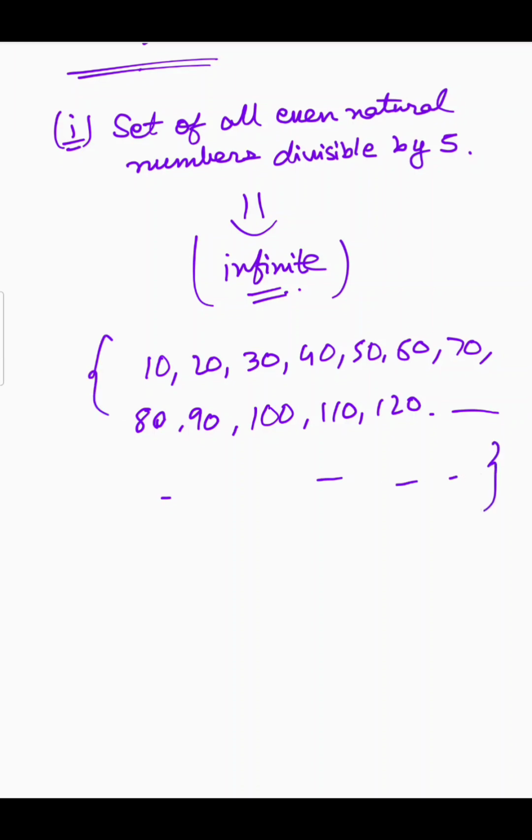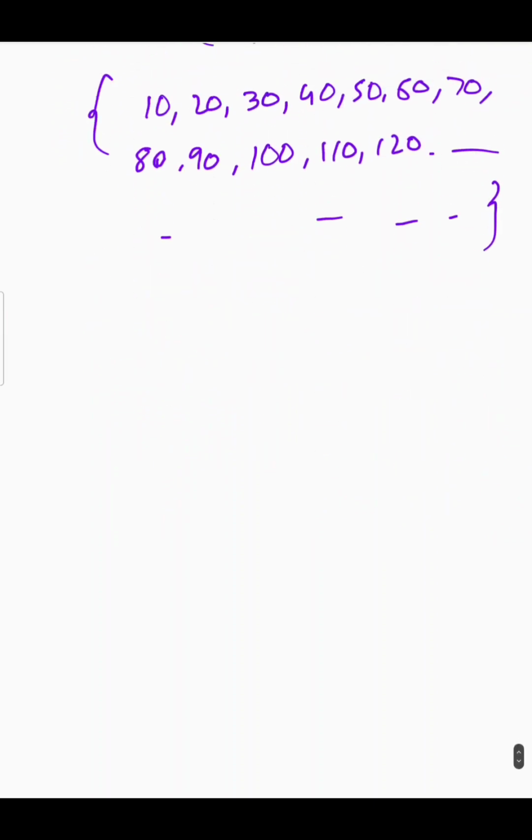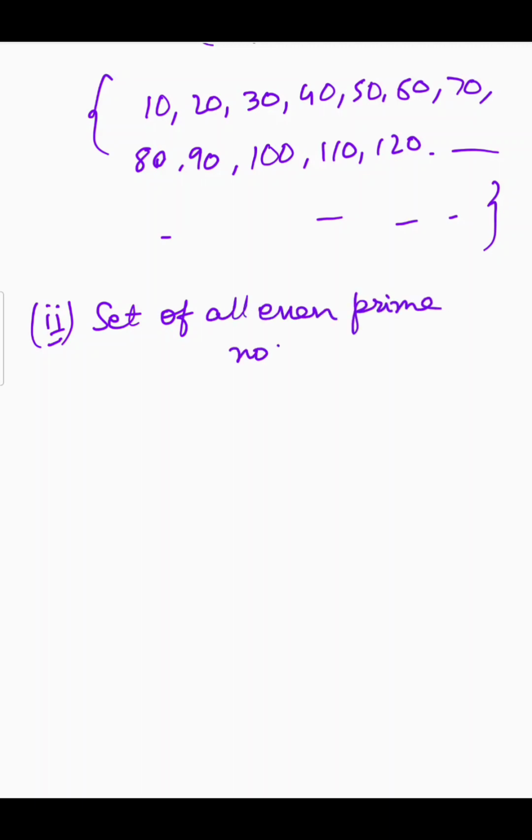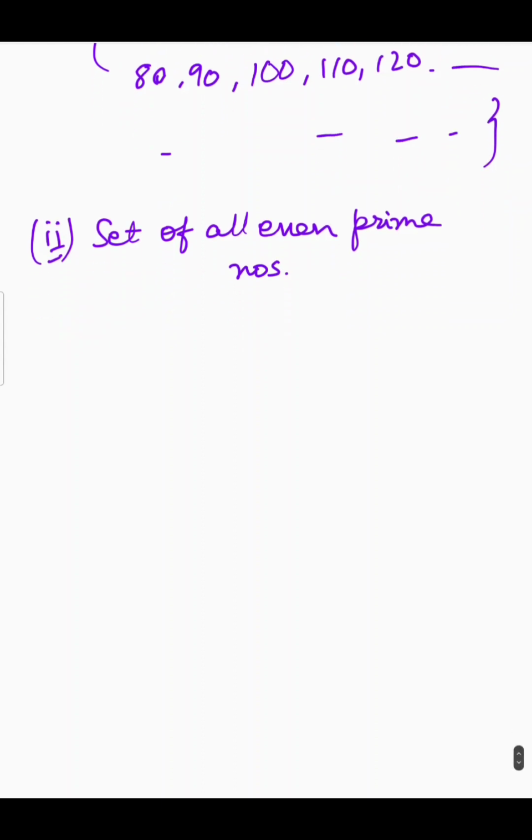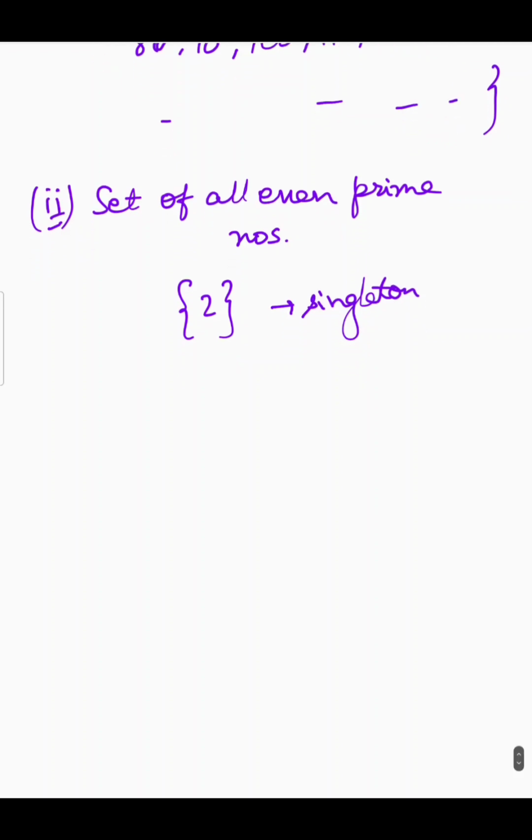Infinite set, right? Next. Set of all even prime numbers. This we have already done. Set of all even prime numbers: 2. Singleton set.